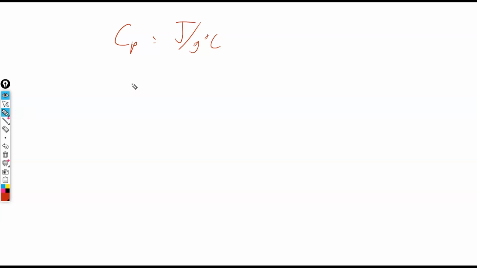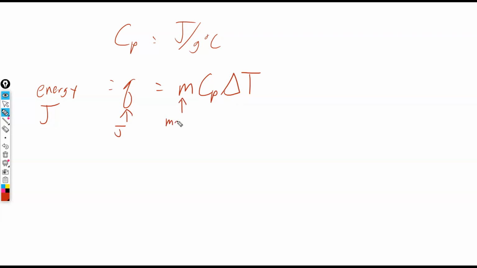We're going to label Q as energy in joules, equals M, the mass, times CP, the specific heat, times delta T. So Q equals MC delta T. Remember, Q means the amount of energy in joules. M means mass, and CP is our specific heat, like we just talked about.